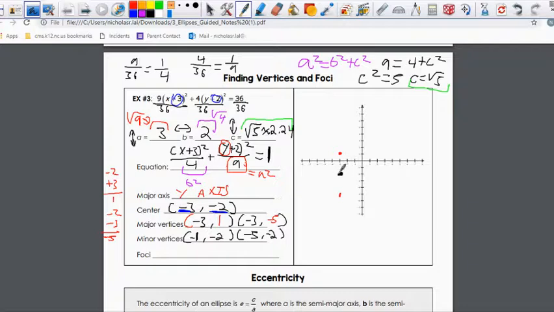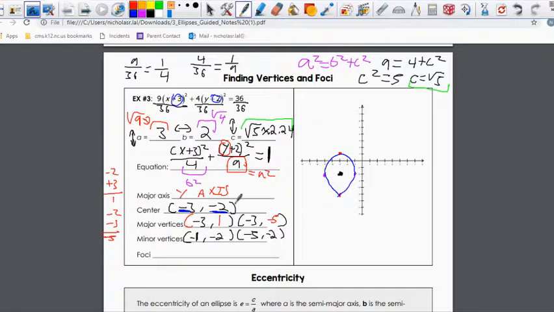Good. So we have negative 1, negative 2, and negative 5, negative 2. Okay. And we can draw the whole ellipse now at right here. This is the ellipse.